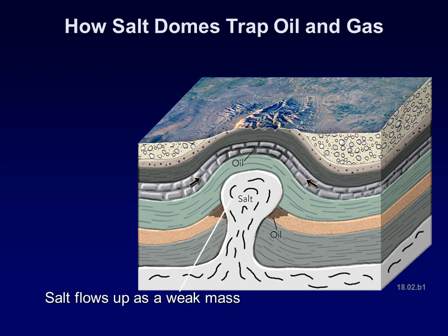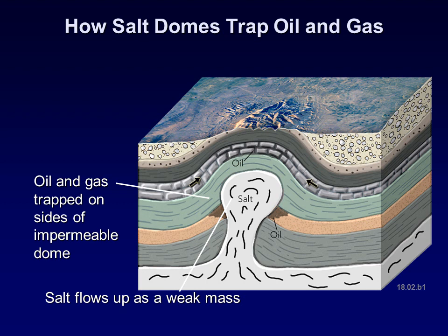Okay, so because nothing can move through it, you can get oil and gas trapped on the sides of the impermeable salt dome. Okay, and it's a dome because it's pushed all the layers above it up, and you can end up getting mountains right over top of salt domes.